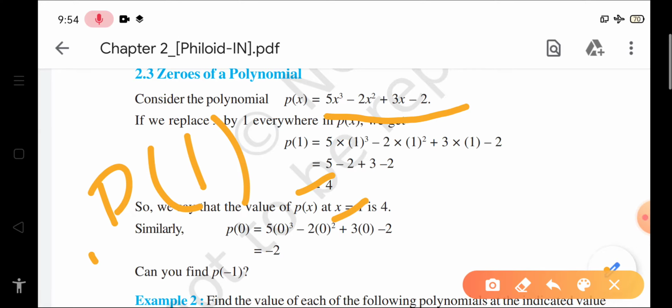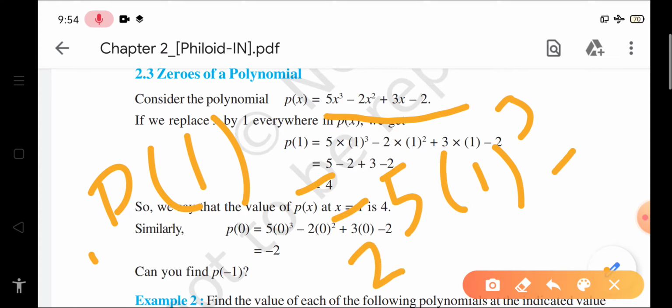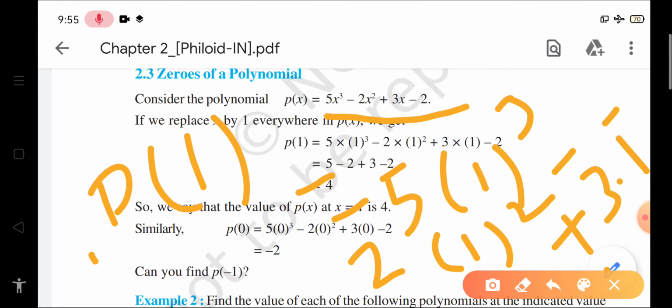Firstly here it is 5, so we will write 5, and then x cube, at the place of x we have to put 1, with the sign we will put the, and this is 3. Then minus, what is the next? 2, and x value 1 whole square, plus 3, and value of x is 1, and minus 2.